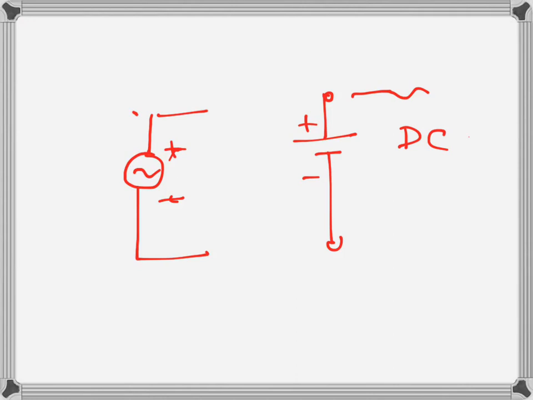It doesn't matter. And usually a source has an internal resistance. So when we draw a source in a circuit, I will draw a DC source, the internal resistance is drawn separately. This is the source resistance, it's called, and this is V. These are the source terminals.